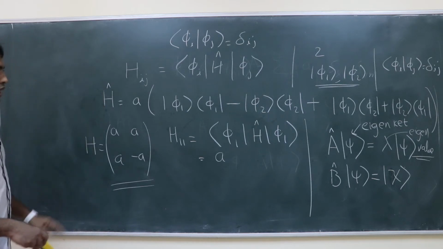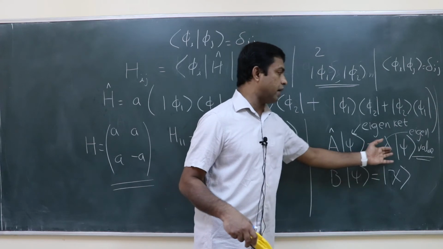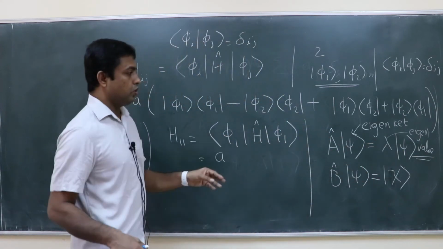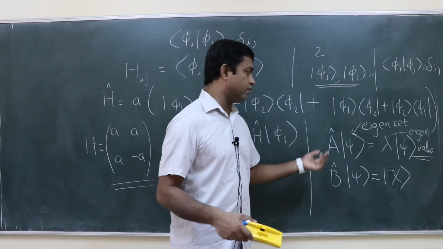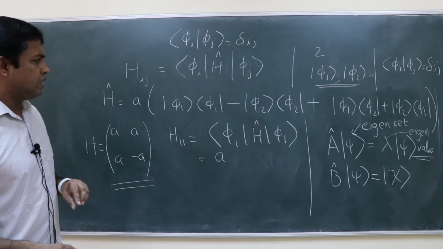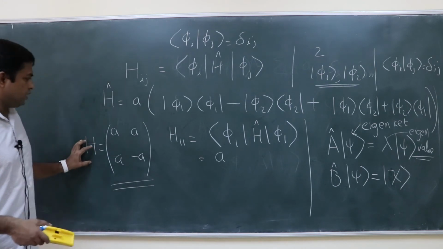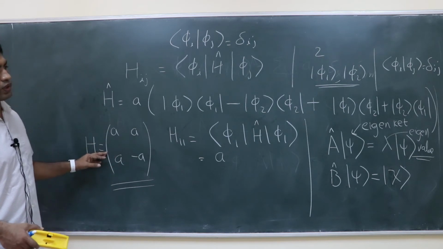That means either you do this and solve the equation and find out lambda and ket psi, because you only know the operator, you don't know ket psi. This is an eigenvalue equation. In the matrix, now you have some idea that if I have a matrix here, you can find out eigenvalues and eigenvectors for that.